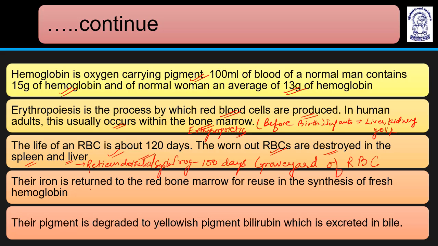The iron is returned into the red bone marrow for reuse in the synthesis of fresh hemoglobin. Their pigment is degraded to yellowish pigment bilirubin, which is excreted in the bile.